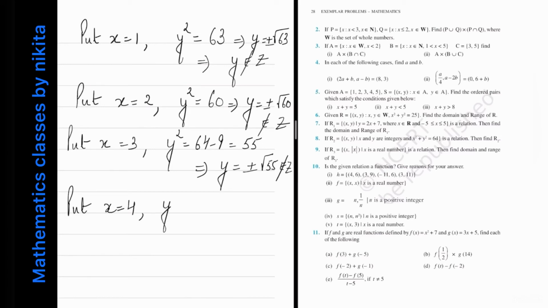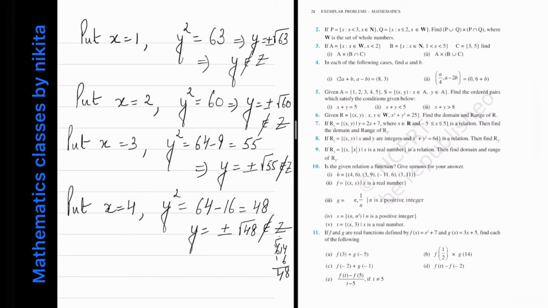You will get y square as 64 minus 16, which is 48. Now again this is not a perfect square. So root 48 does not belong to Z.